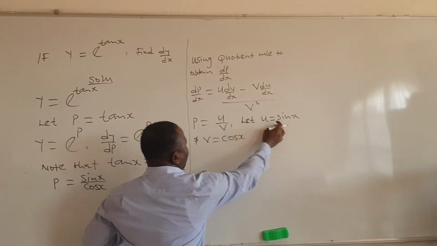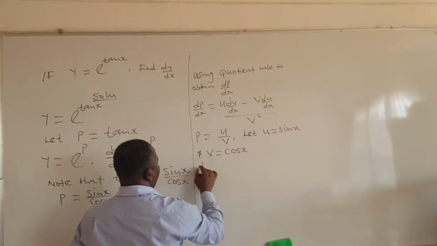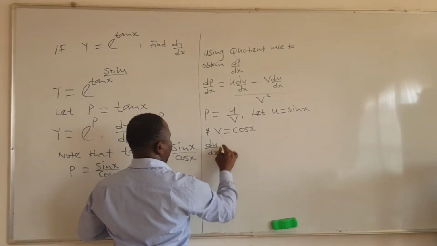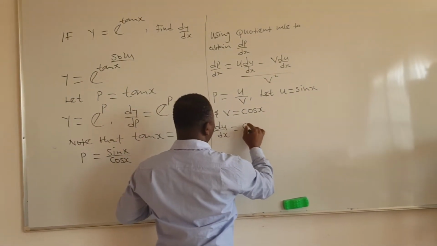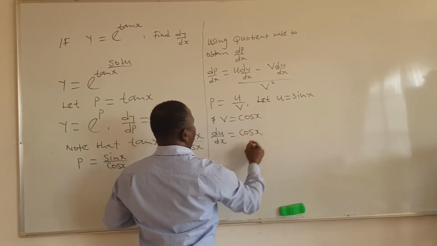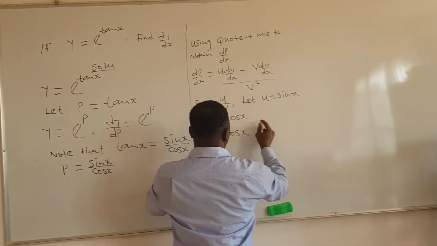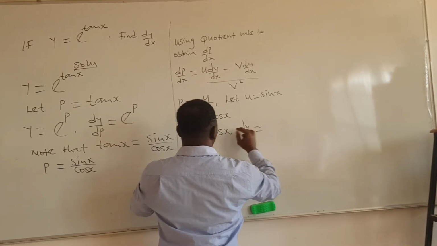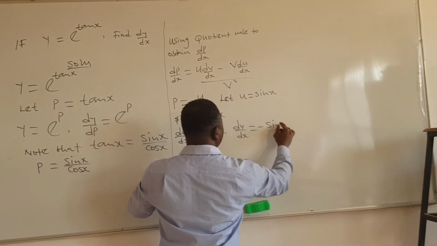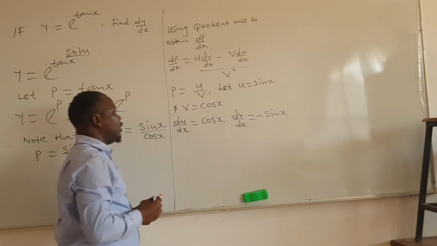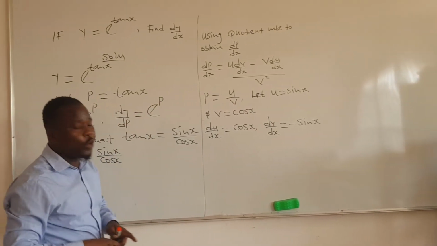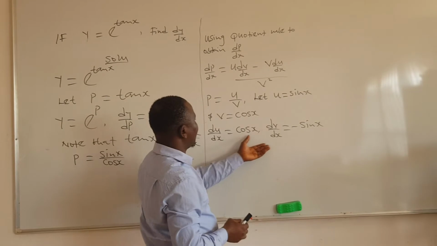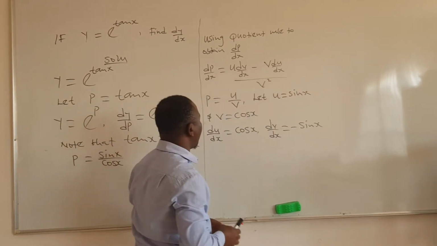So let us differentiate sin x. Our du over dx is going to give us cos x. And differentiate cos x. Our dv over dx will give us minus sin x. Are you following? So now we are going to substitute this into this formula.